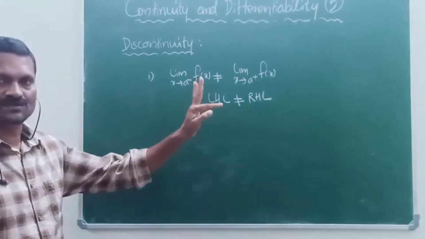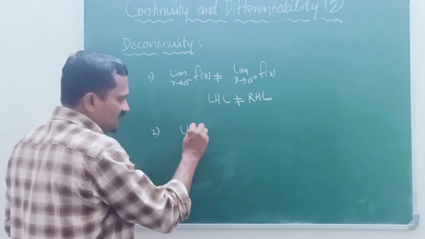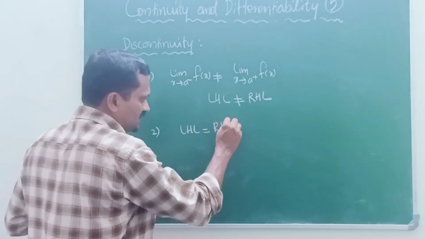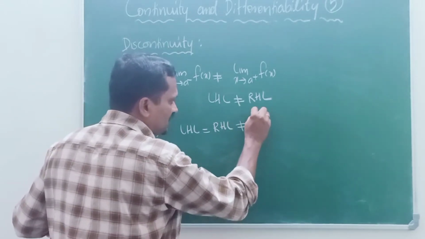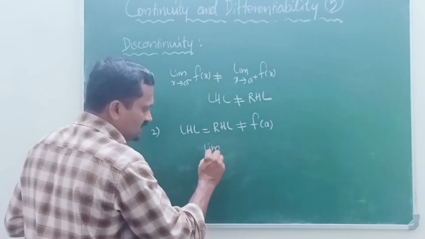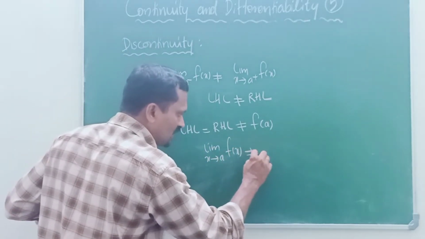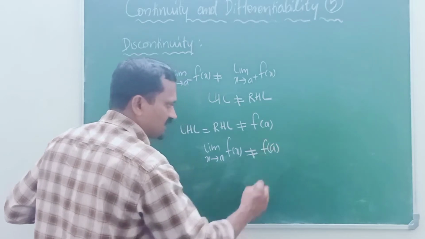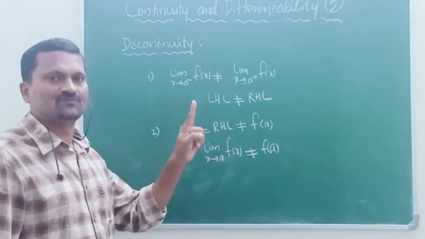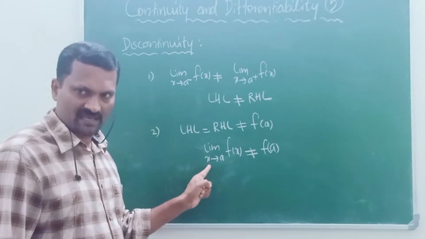Then the function is not continuous. Second one: LHL equals RHL, which is not equal to f of A. That is, limit x tends to A f of x not equal to f of A. Then also the function is discontinuous at x equal to A.